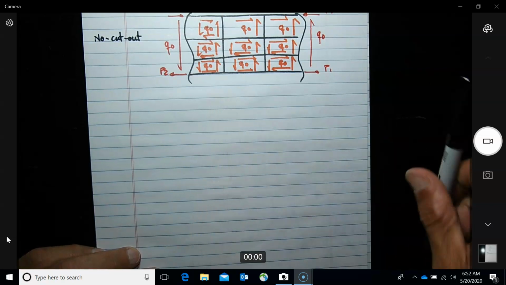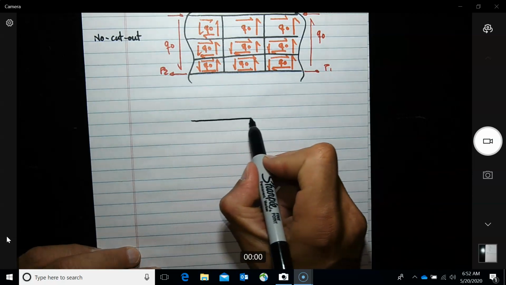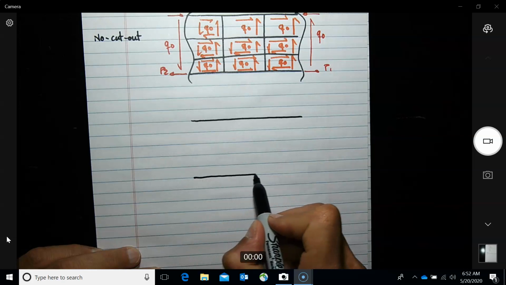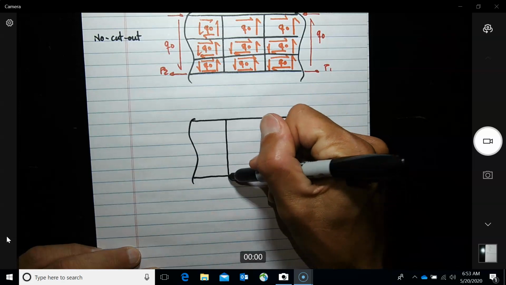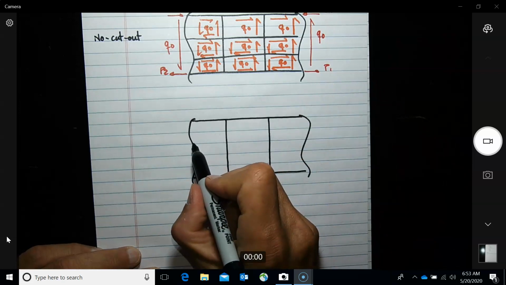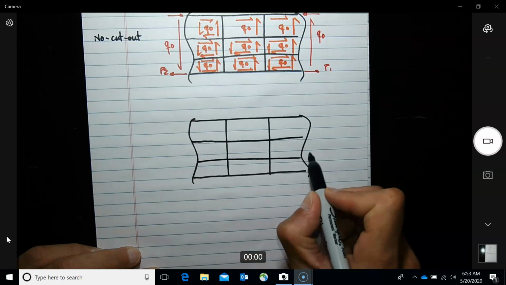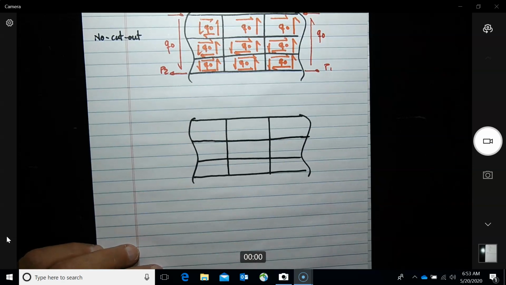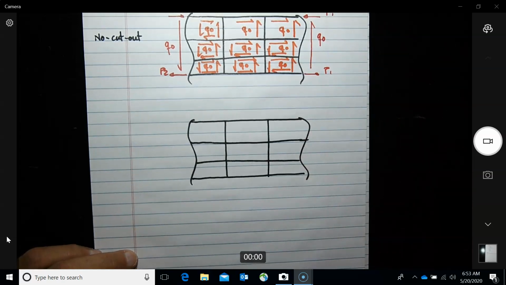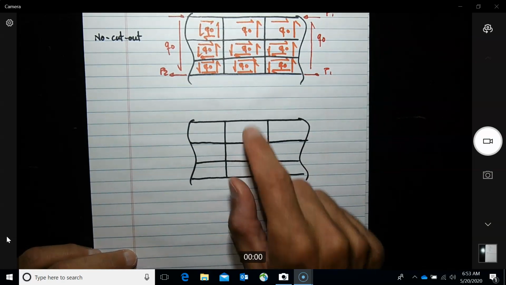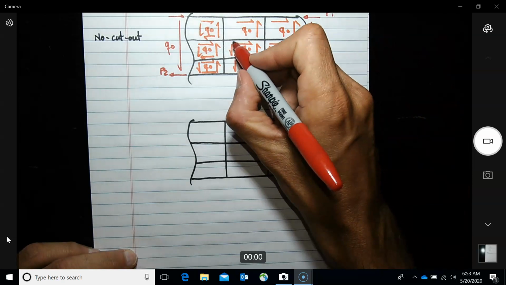So what we need to do now is with the cutout. With the cutout, we're still going to have this here. Let's say this would be cut out.